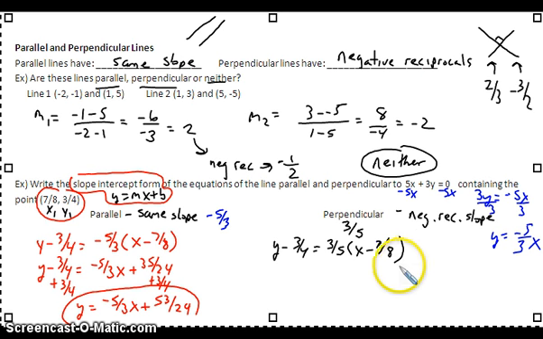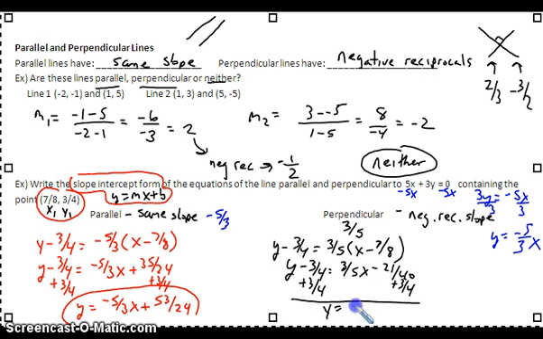And so if I use the distributive property, I get 3/5 x minus 21 over 40, and I'll add 3/4, and I'll end up with y being equal to 3/5 x plus 9 over 40.